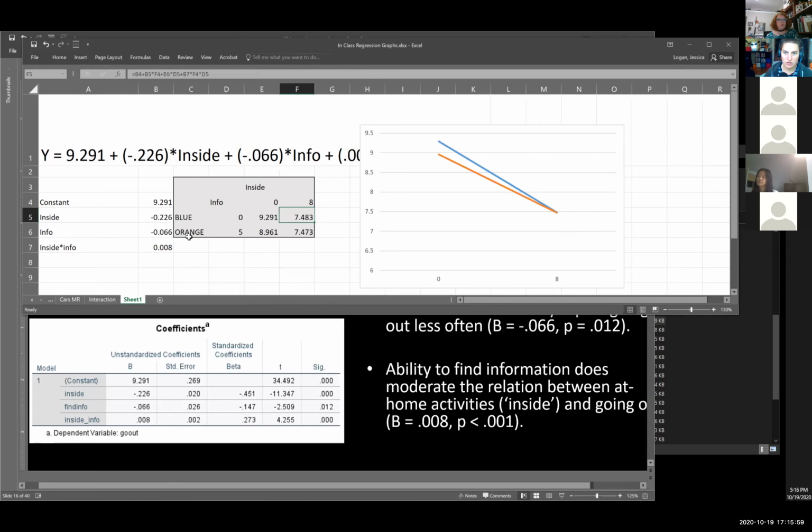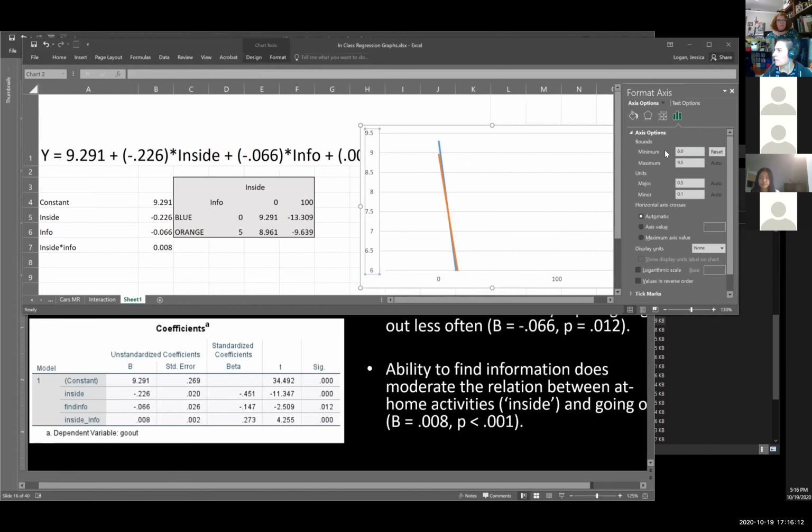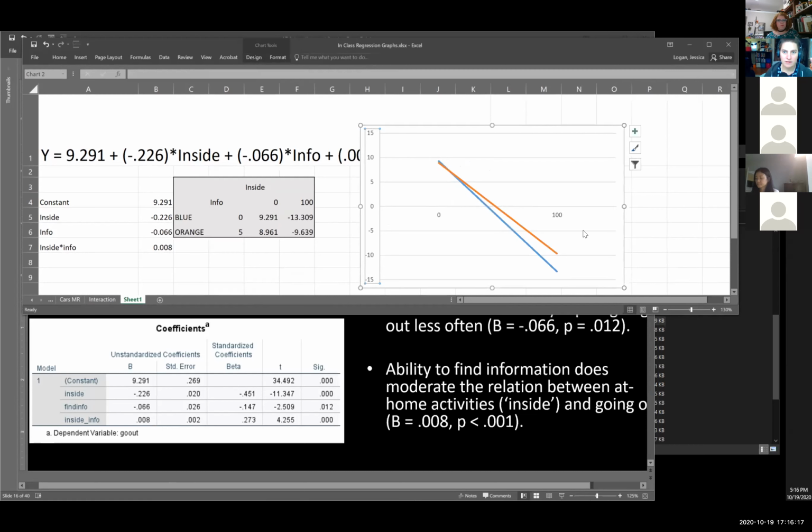Blue or orange? I'm going to type it in. We can't even tell because I fixed the graph. It favors orange all the way down here.